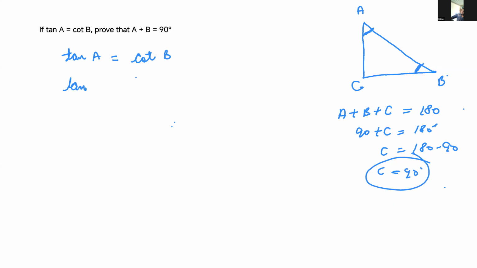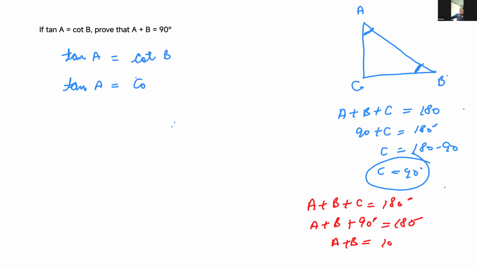See, now we got that C is 90 degrees. C is how much? 90 degrees. We got that. Now A plus B plus C is 180 degrees because of the triangle sum property. And just now we saw that C is 90 degrees. So A plus B is equal to 180 minus 90. A plus B is equal to 90. So B is equal to 90 minus A.